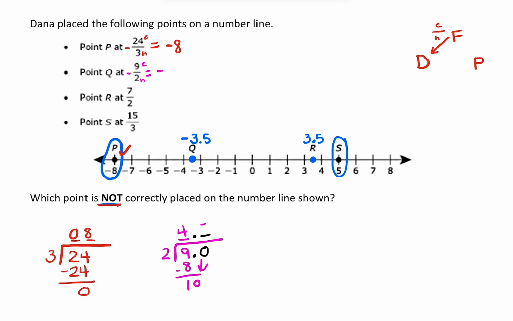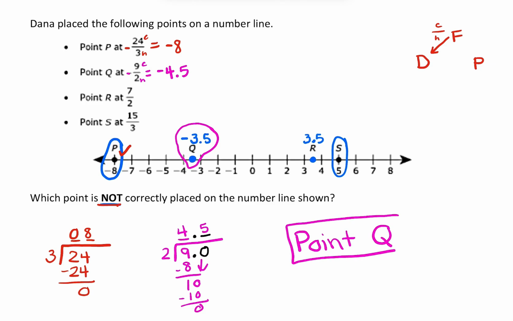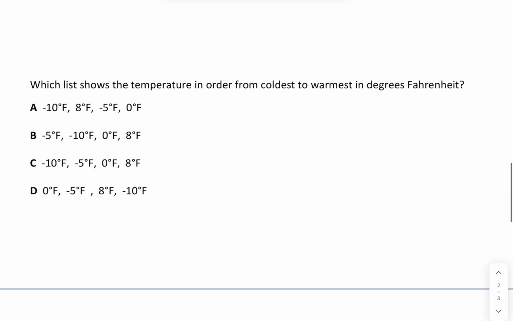Okay, 2 goes into 10 5 times, gives me 10, so -4.5. And we just said that Q is at -3.5, not -4.5. So which point is not correctly placed? Point Q. And I don't even need to keep going because I just proved it with my work. Okay? Whoop, sorry. Next question.